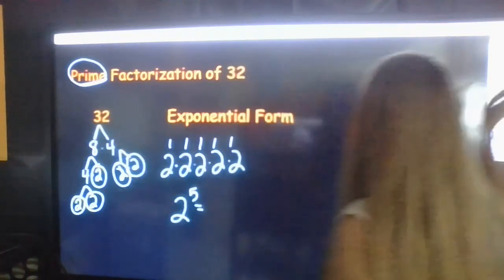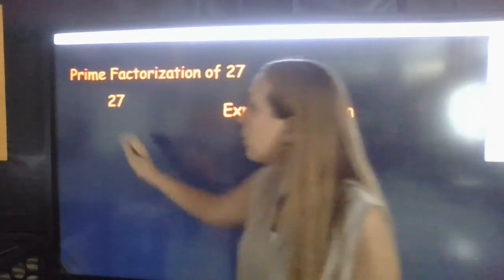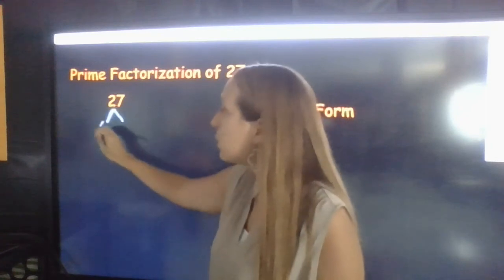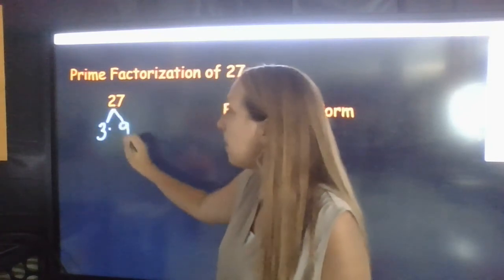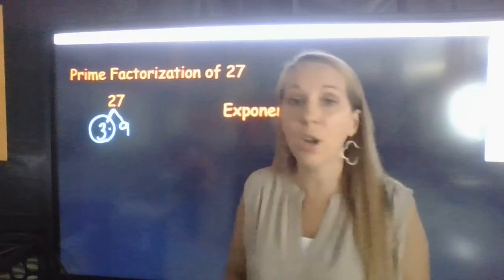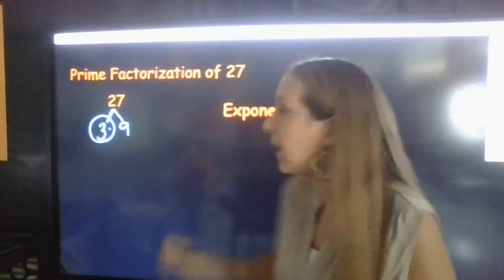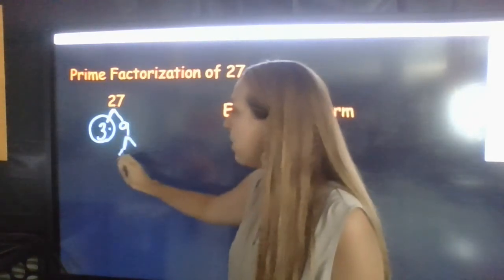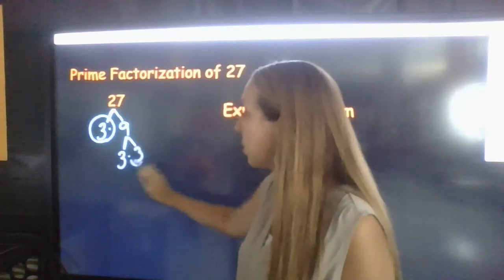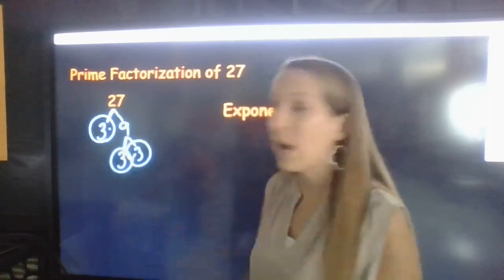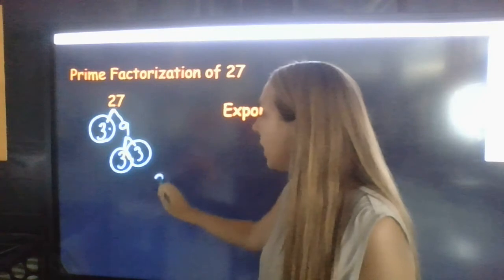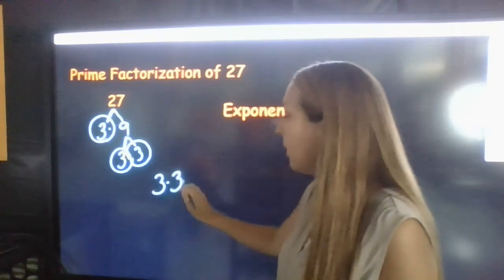All right, so let's look at another. We have 27. We're going to do prime factorization of 27, which we could do as 3 times 9. 3 is prime, so we're going to circle it. We can't do anything else with that to break it down. 9 we can break down and do 3 times 3, and those are prime as well. So our prime factorization here is 3 times 3 times 3.